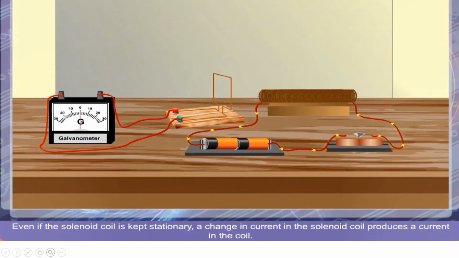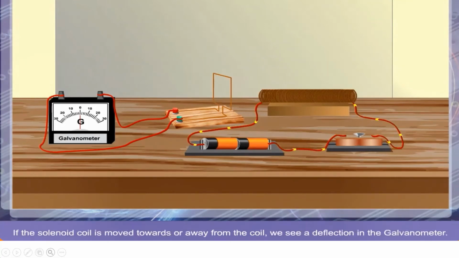Even if the solenoid coil is kept stationary, a change in current in the solenoid coil produces a current in the coil. If the solenoid coil is moved towards or away from the coil, we see a deflection in the galvanometer.